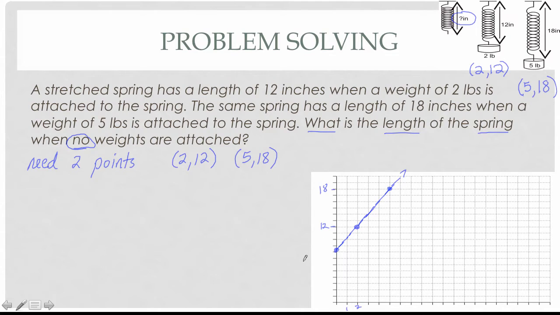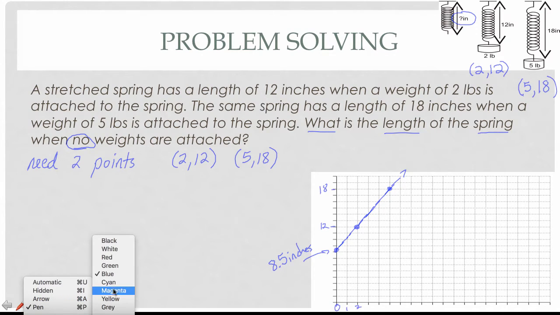So from the graph, I'm going to estimate 8.5 inches long. All right, we just kind of thought through it one way there. So based on my graph and working backwards with 0 weight, which would be right here, that would start off at 8.5 inches long.